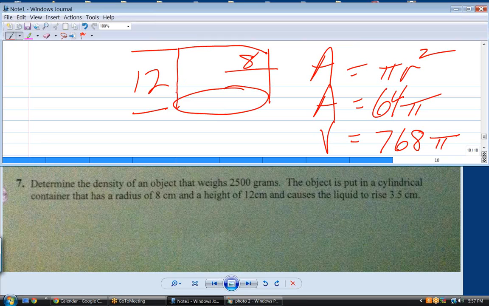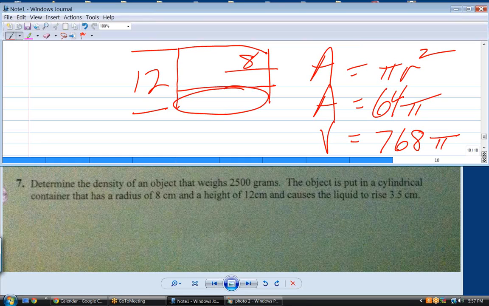Well, if I assume that 3.5 centimeters is right there, then what would the volume of that cylinder be if it was only 3.5 centimeters high instead of 12 centimeters high?